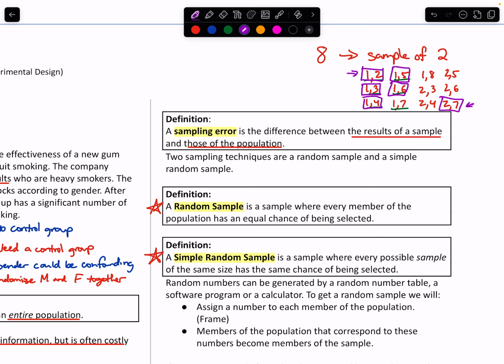And are they the same as getting a 1 and 8? Okay, and so most of the time that will happen. You can have outcomes where that isn't particularly true, but for the most part it is. Okay, that's kind of the nice thing, is you don't always super have to worry about that, but that is technically what that means. Okay, that all the possible samples of a specific size have the same chance of being selected.